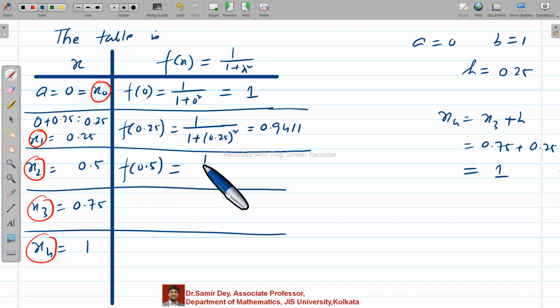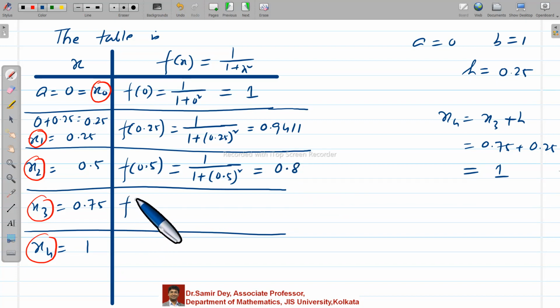For 0.5, it is 1 by 1 plus 0.5 whole square, it is coming exactly 0.8.